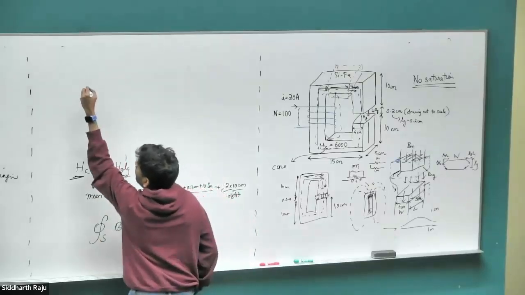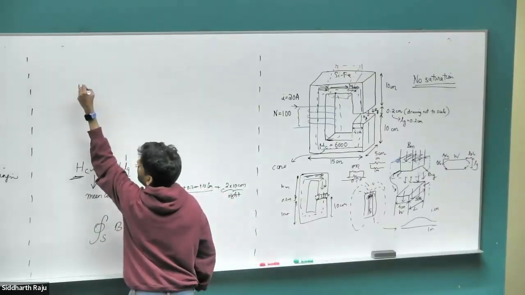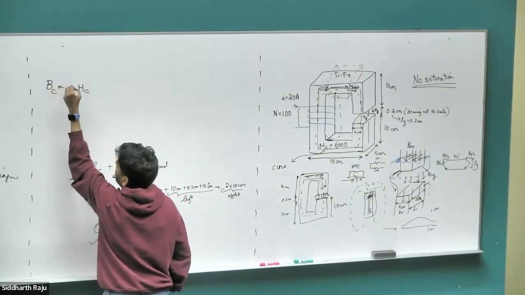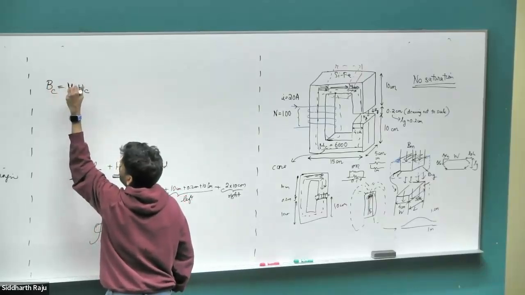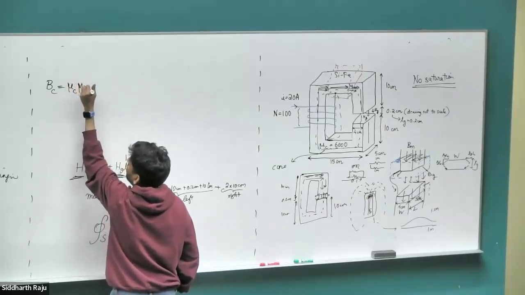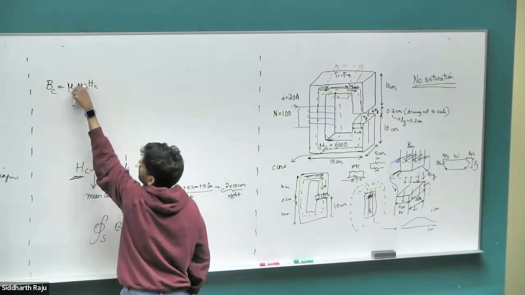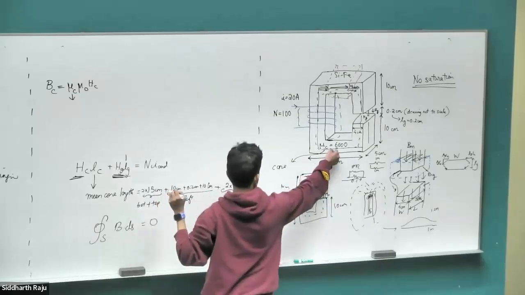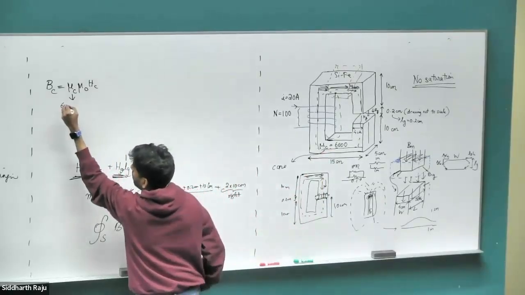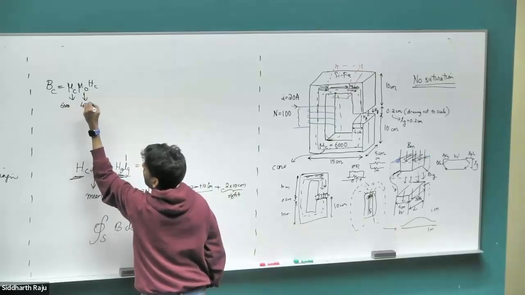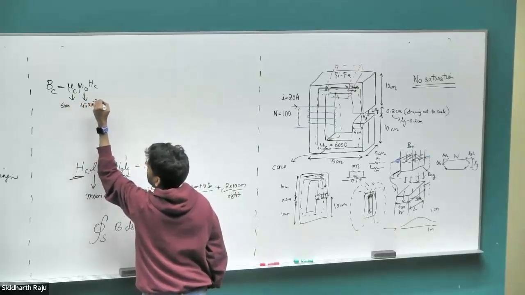So let's see. Our magnetic field in the core is just mu C times mu naught times Hc. So mu C is given as the relative permeability, a unitless quantity, 6,000, and mu naught is 4 pi into 10 to the power minus 7.